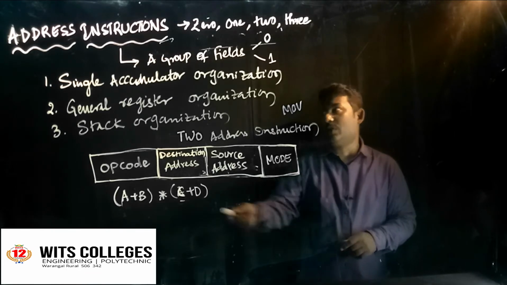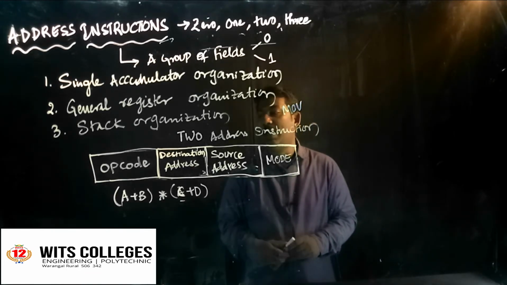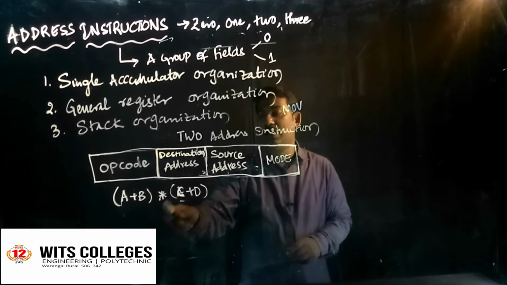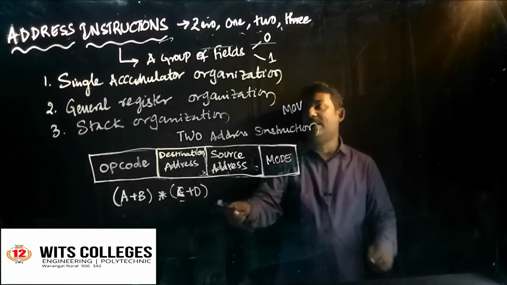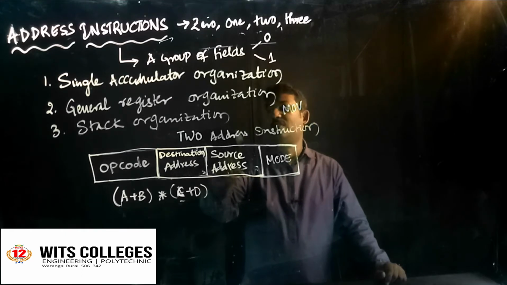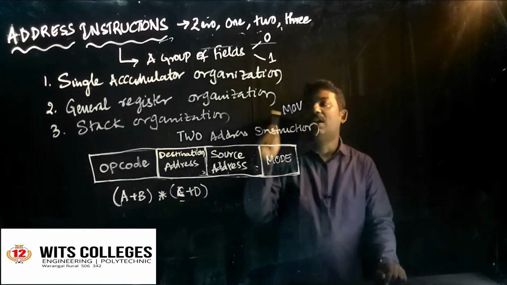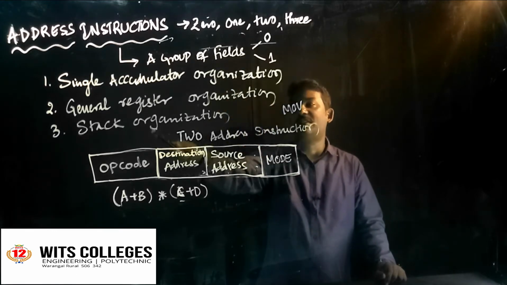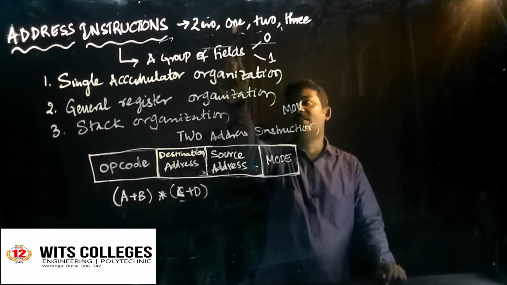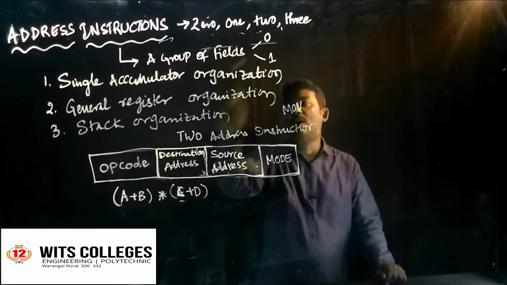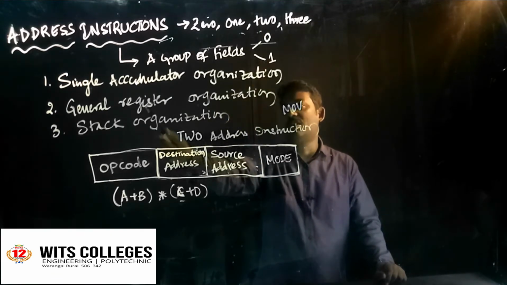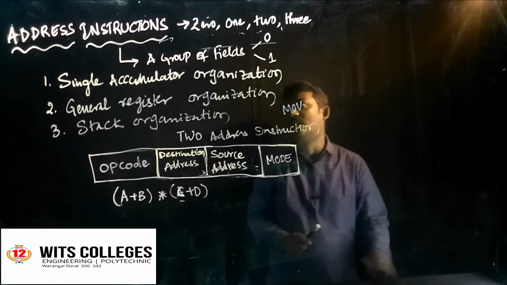Now we are going to solve this particular problem, A plus B into C plus D. As I said, two address notation comes under general register organization, since zero address notation comes under stack organization and one address notation comes under accumulator organization.